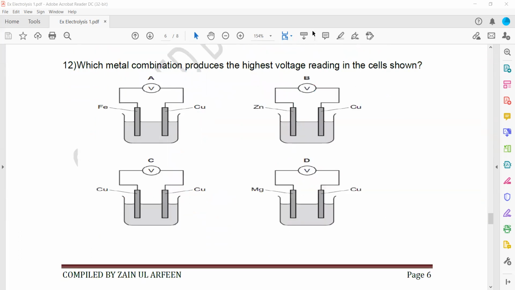Which combination of the metals produce the highest voltage? Again, we have to write the reactivity series.